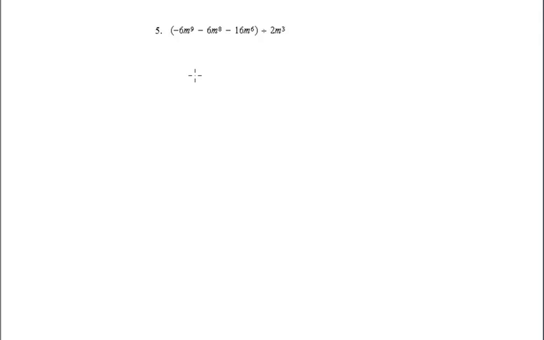Okay, this one is similar to number 4, in that we have a trinomial here. We're going to divide by this monomial. So it's easier just to take the reciprocal of this and multiply. So we're going to multiply 1 over 2m cubed times each of these.